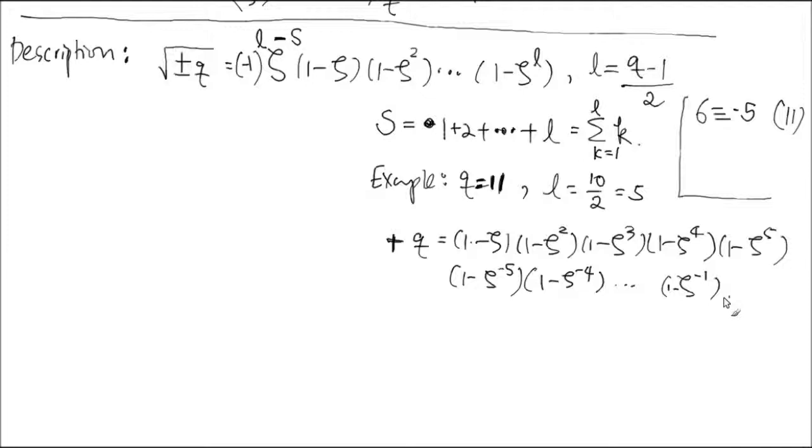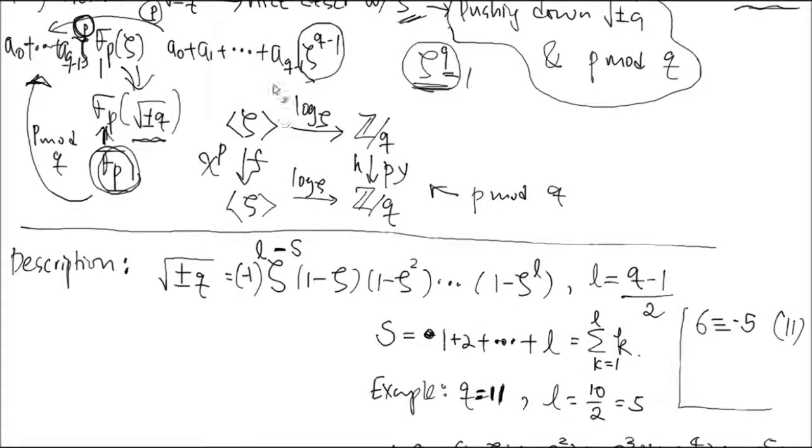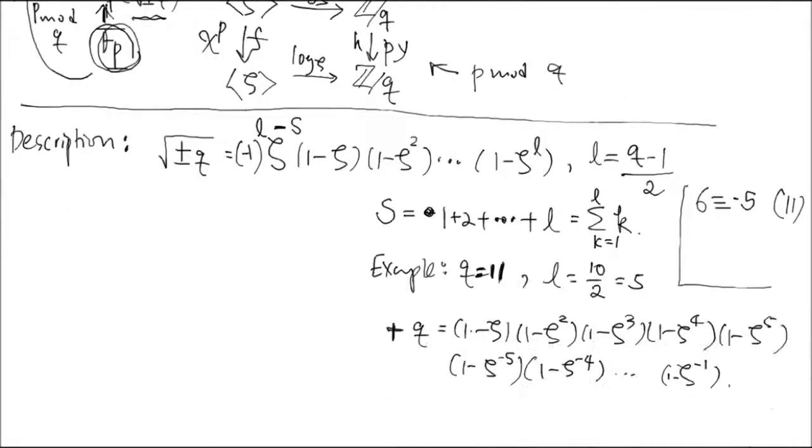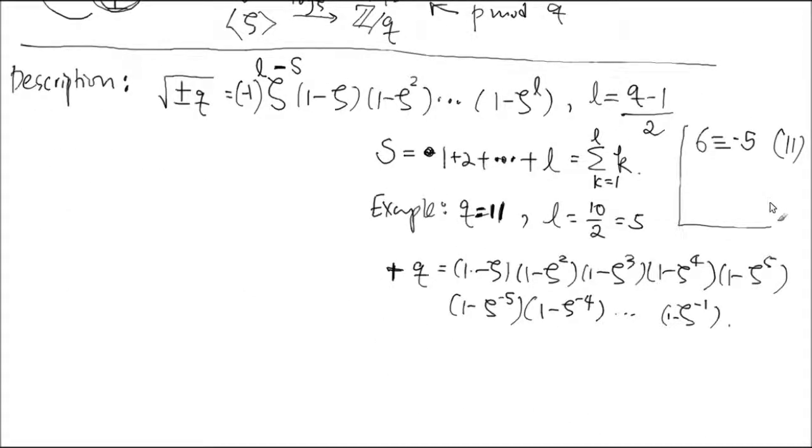So I didn't pull out anything, I just wrote this exponent in a negative representation, because it's the same as in the mod 11 world. That's exactly what this commutative diagram is about. If you're looking at the numbers in the exponent of zeta, it's the same as mod 11 here. So instead of writing a 6, you can write negative 5. So I pull out the symmetry.